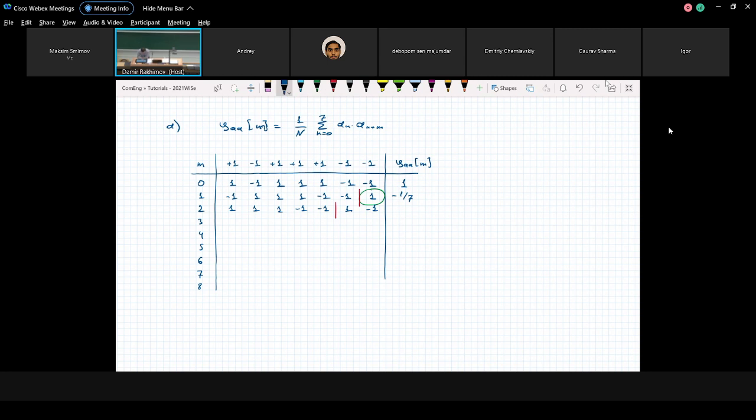You can check it yourself, but for every shift starting from 1 up to 6, we always get the same result. I would recommend checking it at home. It will always be equal to minus 1 over 7. If I'm wrong, just let me know next time.